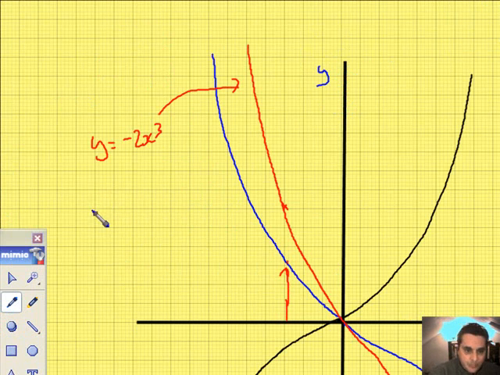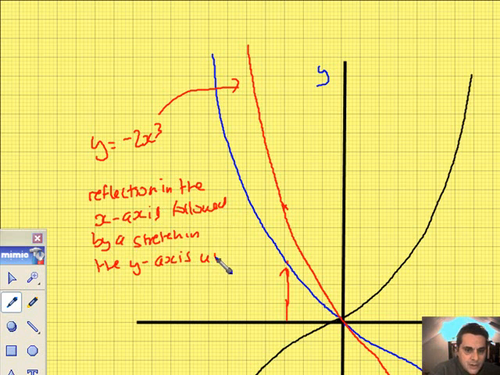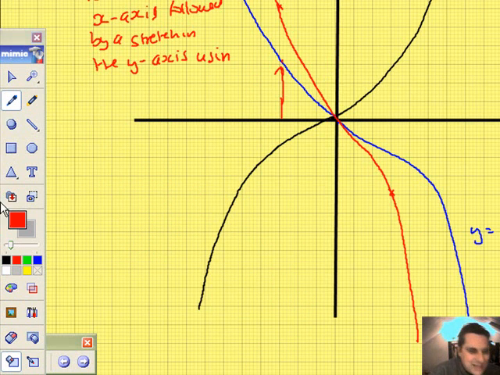So it's going to be a reflection in the x-axis followed by a stretch in the y direction.